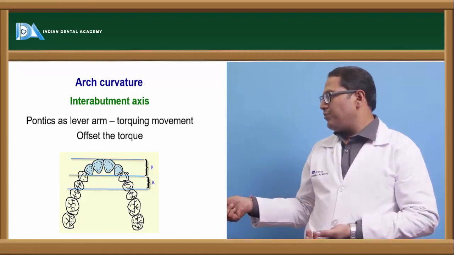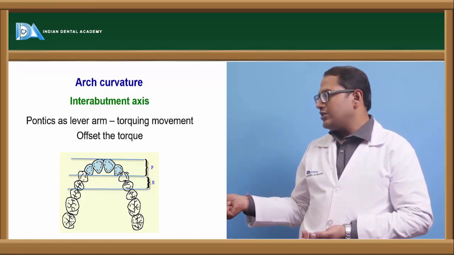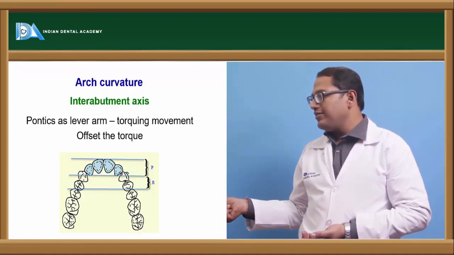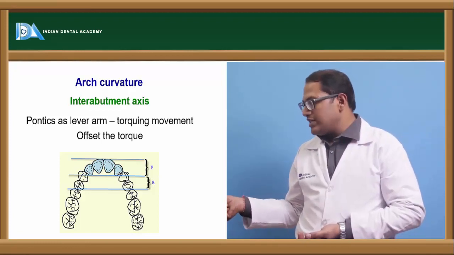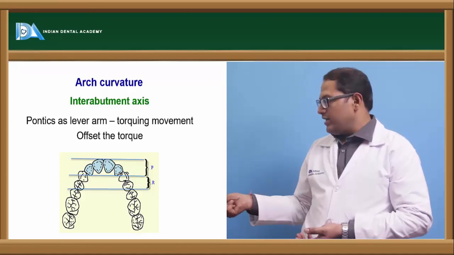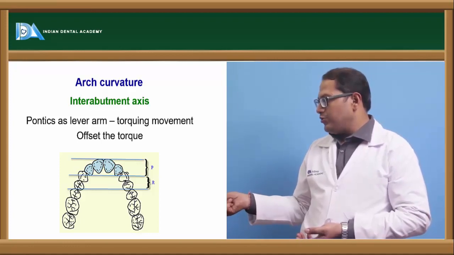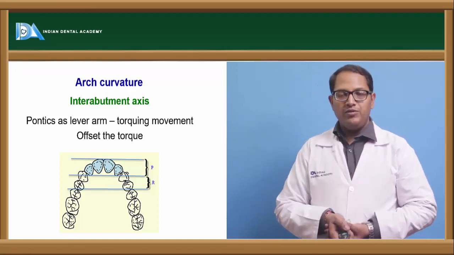If we have a pontic in this direction, like canines, it will offset the torque by providing cantilevering. The antero-posterior span should be three times the posterior span.